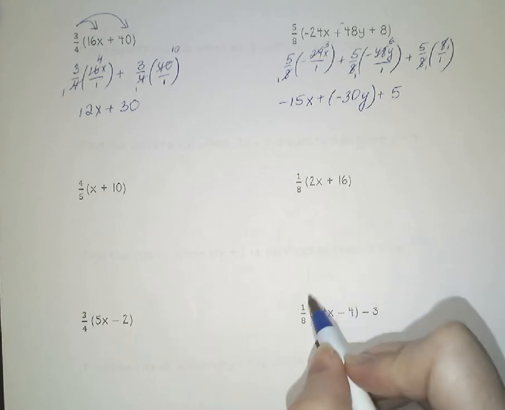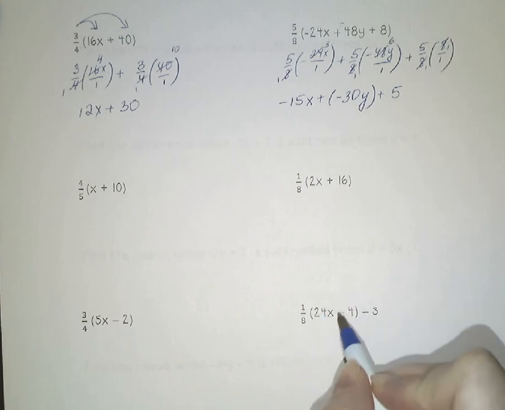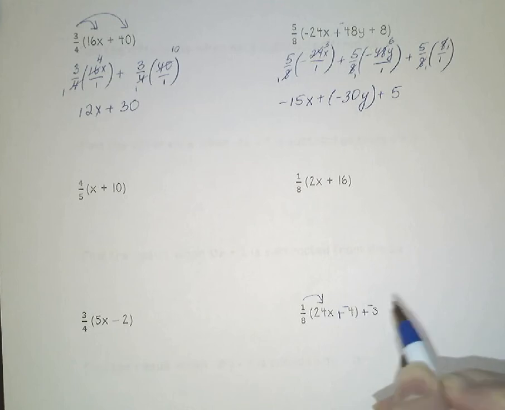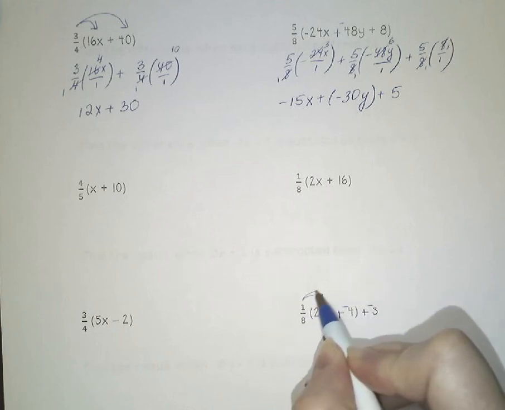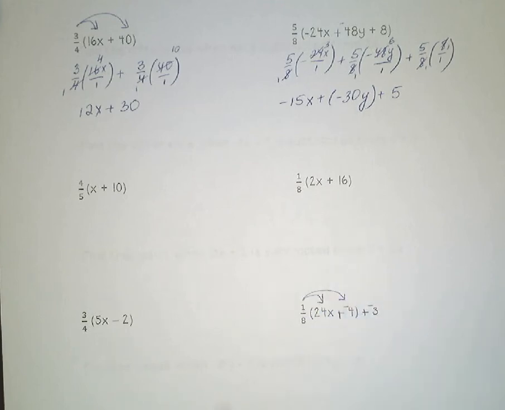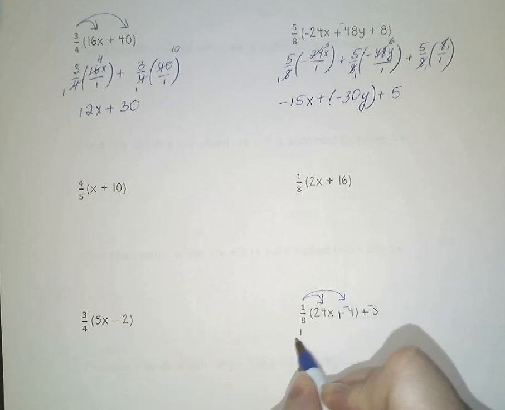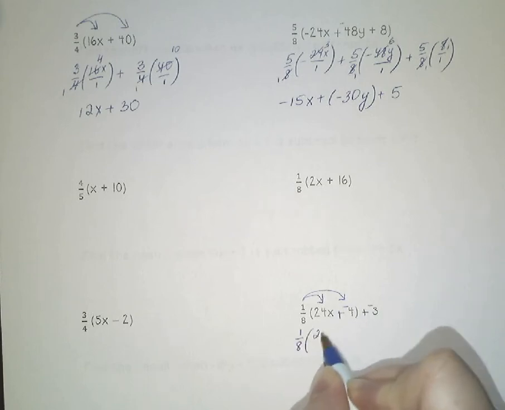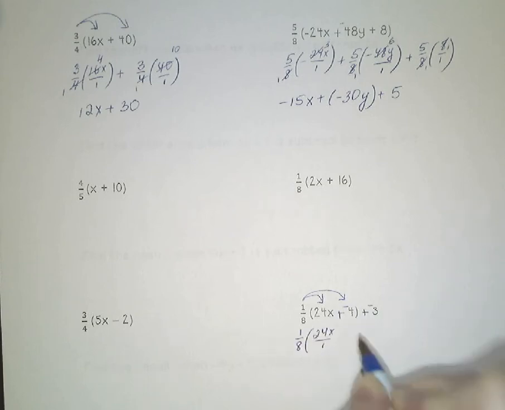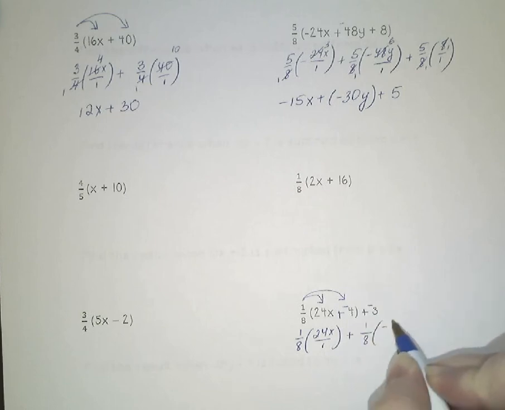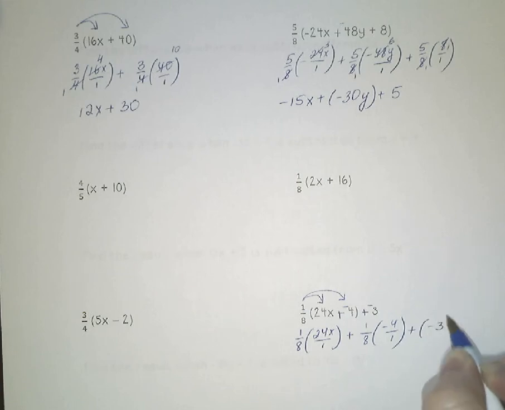Okay, so we'll have 1/8 times 24x and 1/8 times -4, and that's it. And you will add -3 at the end. So what you will have is 1/8 times 24x over 1 plus 1/8 times -4 over 1 plus -3.